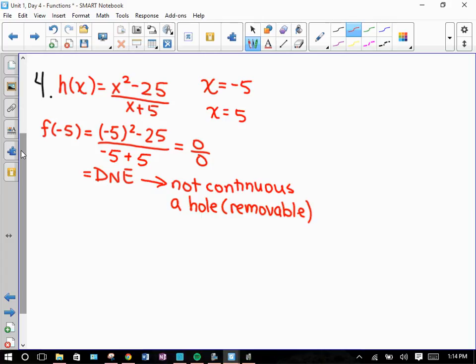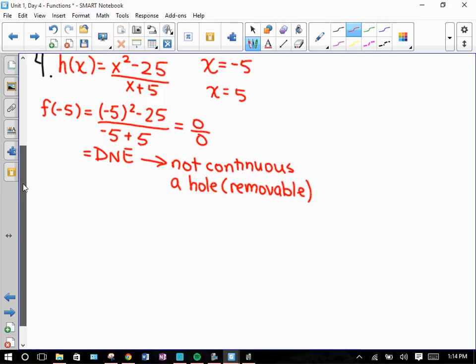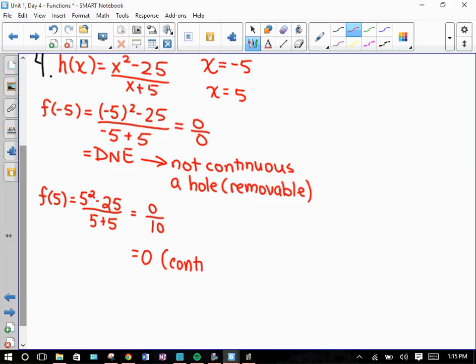Now, we'll look at f of 5. f of 5 gives me 5 squared minus 25 divided by 5 plus 5, which is equal to 0 over 10. That's just 0. So this right here at x equals 5, that means that this is continuous.